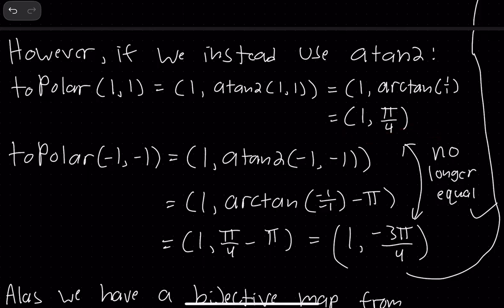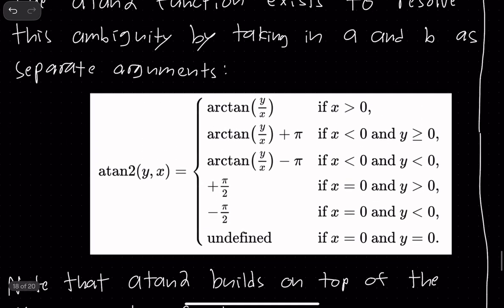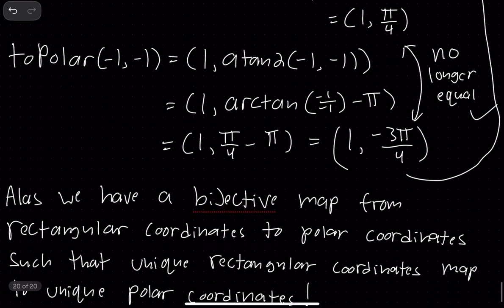And then for the -1 minus 1i, when we use atan2 instead of the classic arctangent, what we see is that x is negative and y is negative. a is negative and b is negative. So what we're going to use instead is the classic arctangent of b over a, and subtract pi from that, which is what we do here.